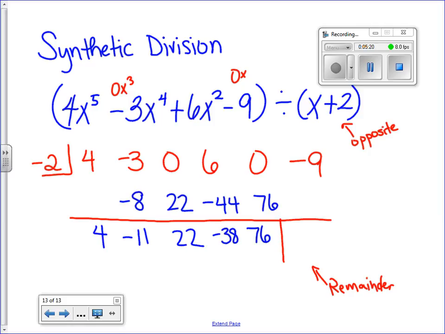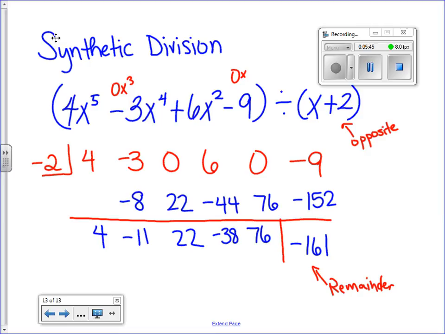Multiply these two numbers. Negative 152. And then add. A negative 161. Okay, that's the process right there. Multiply, add, multiply, add, multiply, add.